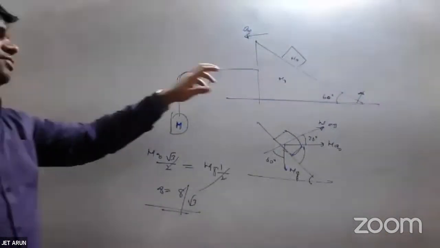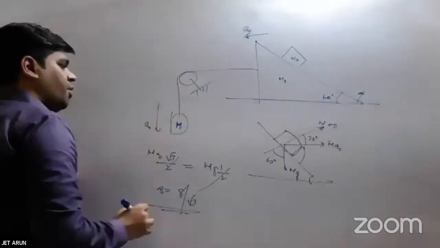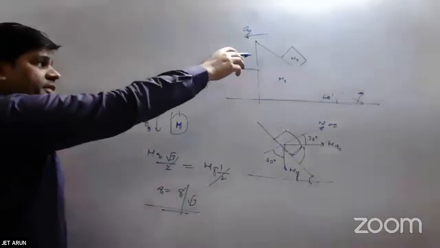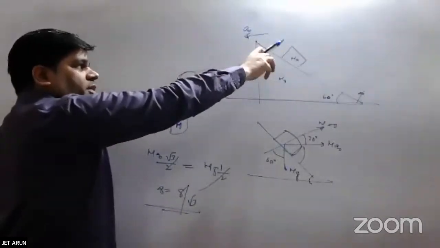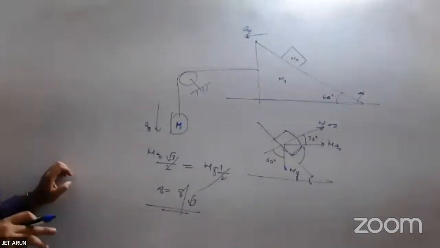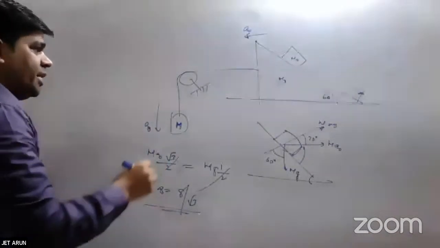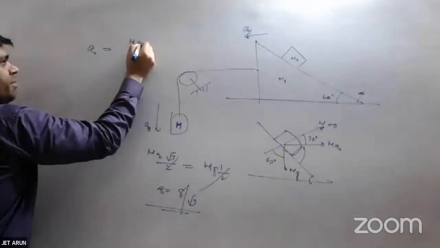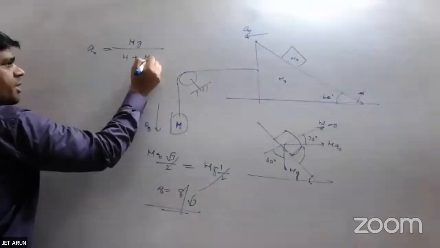So my acceleration should be g by root 3. Acceleration of what? Acceleration of the wedge, which is the same as the mass. Now, how will I write the acceleration of these blocks? Because m is not in touch with this one, I cannot combine these two blocks. They are not in contact with each other at all, they are not moving together. One is moving vertically downwards, one is moving horizontally leftwards. So my acceleration a naught is equal to supporting force mg minus nothing, by m plus m naught.